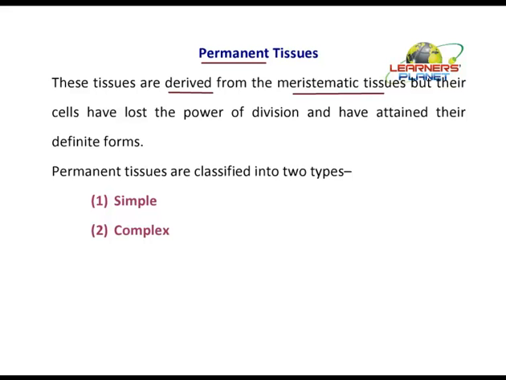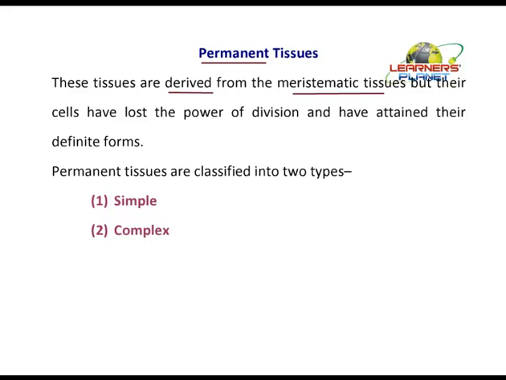They need different kinds of processes to occur for the maintenance of growth also. So if the meristematic tissues keep on supporting the growth of the plants, how are these other functions performed?